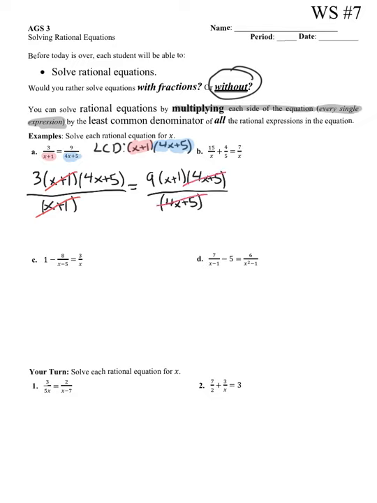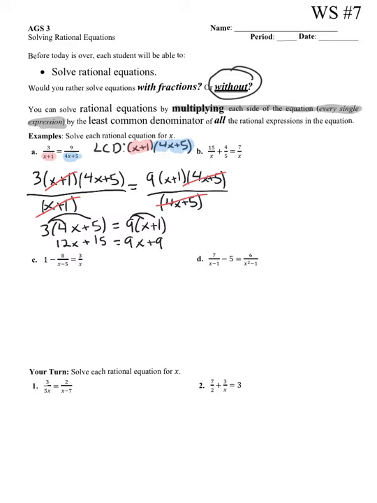A 4x plus 5 divided by 4x plus 5, that's going to go away. So now what I've got is 3 times 4x plus 5 over 9 times x plus 1, and I get 12x plus 15. Distribute the 9 on the other side, 9x plus 9.